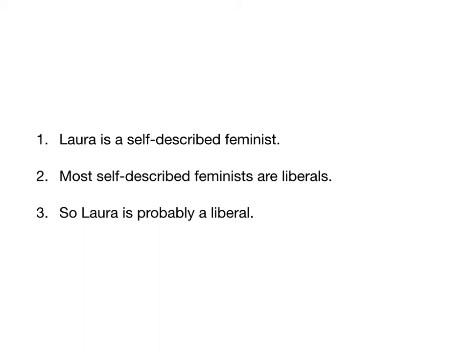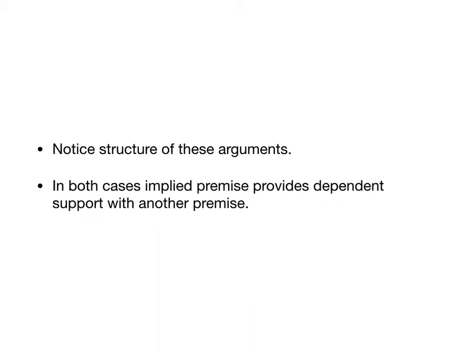Number 2 links the idea of being a self-described feminist and being a liberal. It fills in the gap in our argument. Now, notice the structure of these arguments. In both cases, the implied premise provides dependent support with another premise.